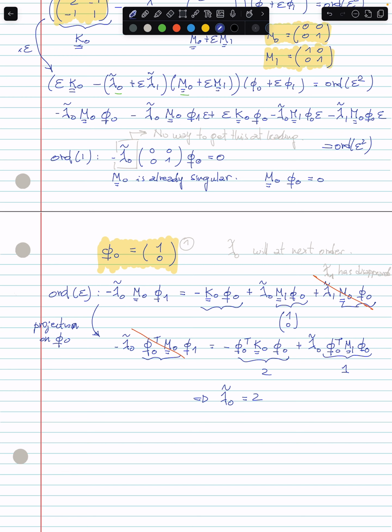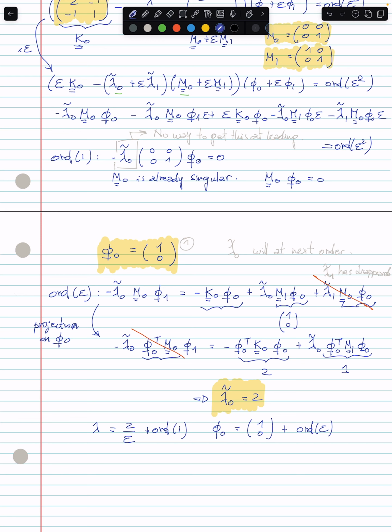All right. So what we are just going to write here is we found the solution of the problem. And we can say that lambda is equal to 2 over epsilon, because we're coming back to the original units of the problem, plus something of order 1, and phi 0 is 1, 0, plus something that is of order epsilon.